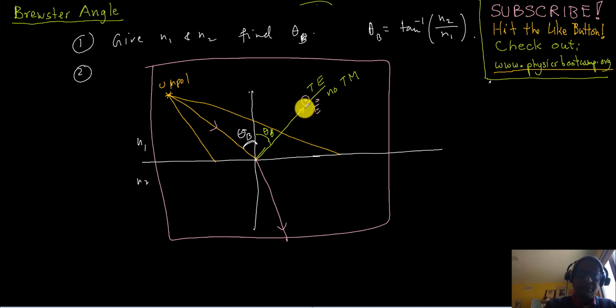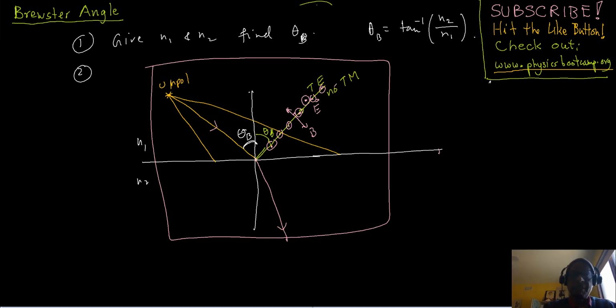So that's the direction of the electric field, going back and forth perpendicular to the plane. And the magnetic field for this wave will be pointed this way. That will be the magnetic field. Of course, that's 90 degrees to the direction it is going.